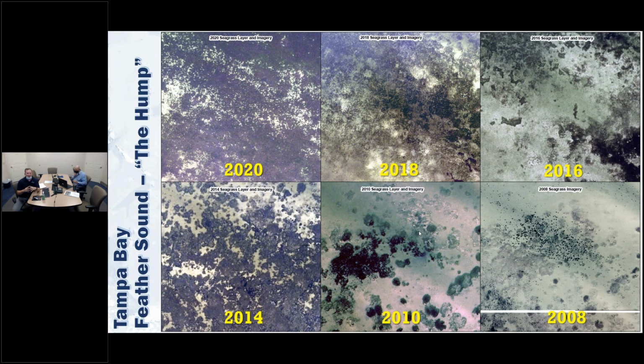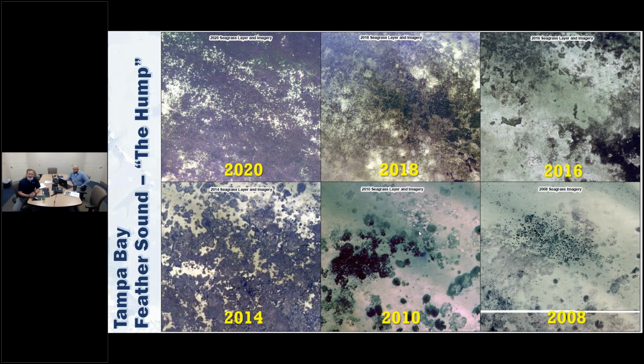Yeah, so starting at the 2008 timeframe, we've got a light brown underlying patch system here with probably Halodule back then. I don't have the field data. And some of the darker signatures are drift algae.